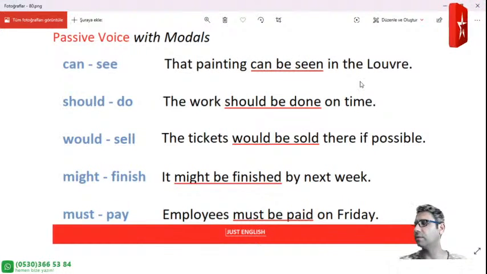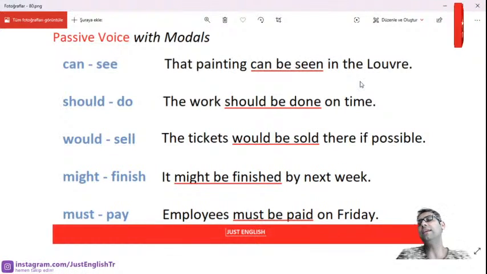What is the difference between might be and must be? The problem is that I can't learn verb 3 forms. Okay? It takes time. It takes time.